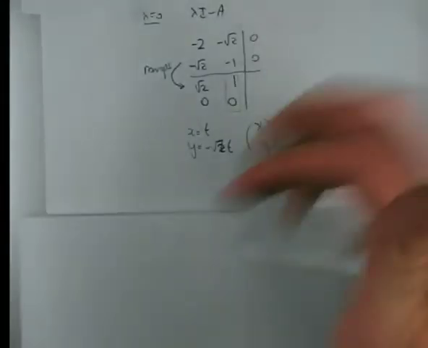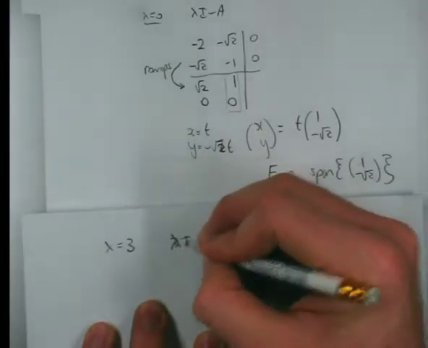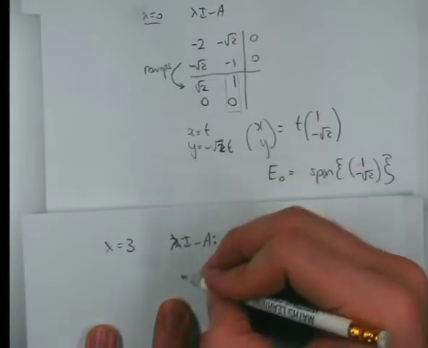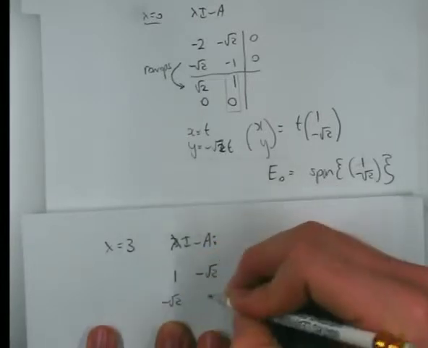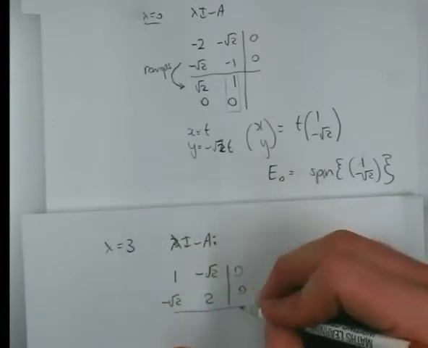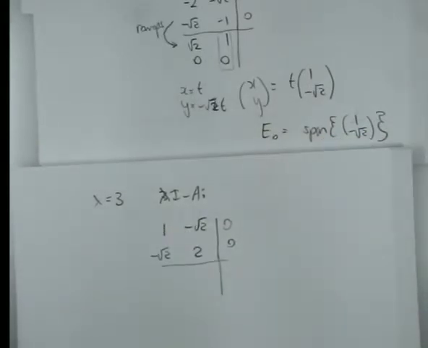So part B, the other eigenvalue is 3, and lambda I minus A would be 3I minus A. So 3 minus 2 is 1, leave the minus root 2, minus root 2, 3 minus 1 is 2. By the same token, this must be a multiple of that because there has to be a free variable. With 3 by 3, it's not so straightforward, so you have to actually do the row operations.